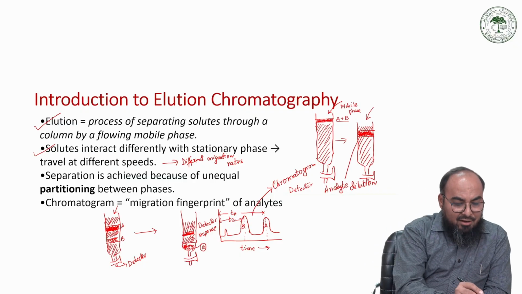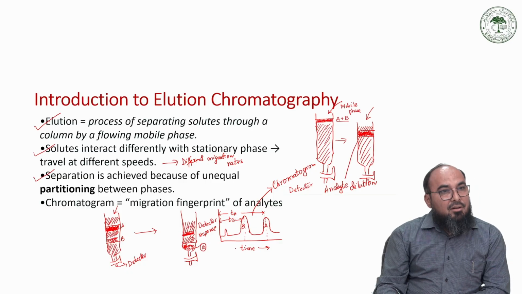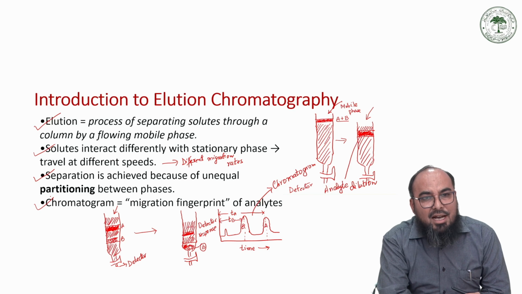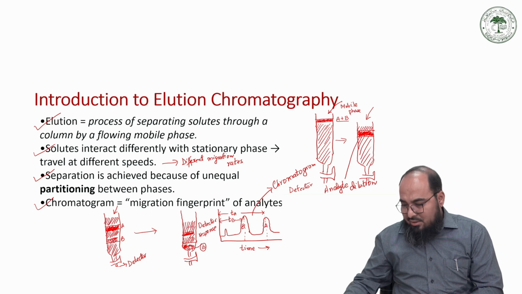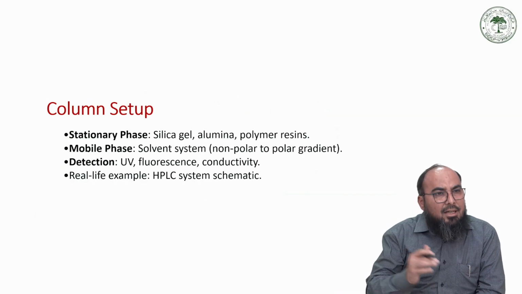So we have achieved separation on the basis of partitioning, and we get a fingerprint called the chromatogram. So this is how elution chromatography works.